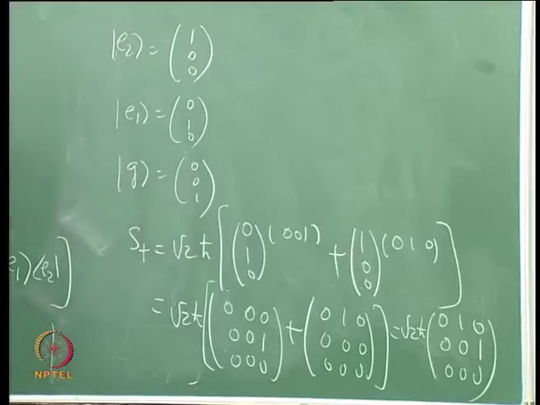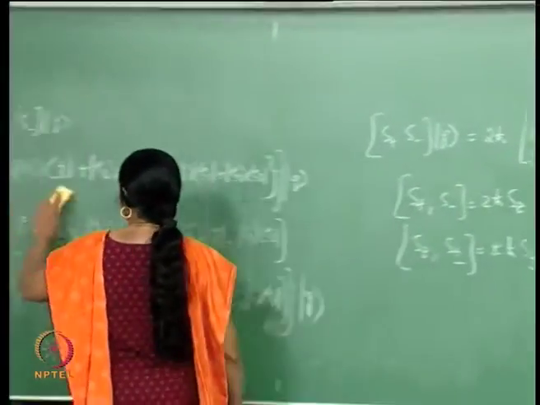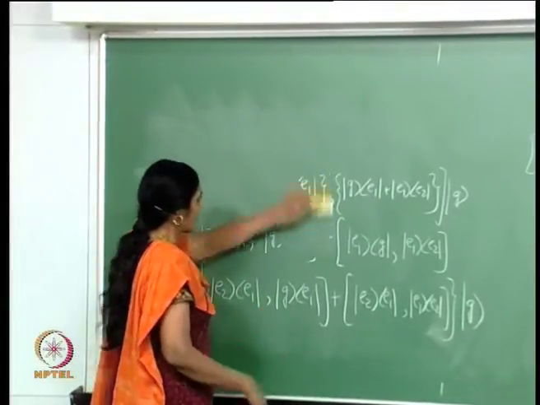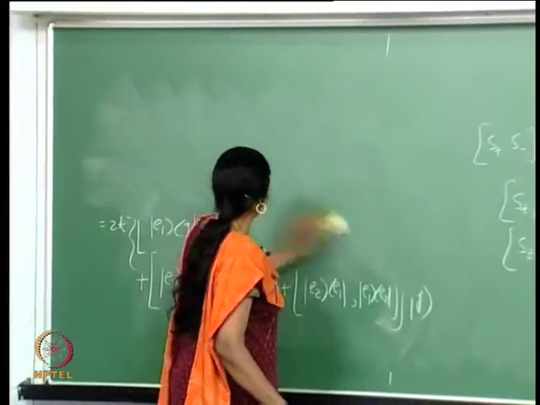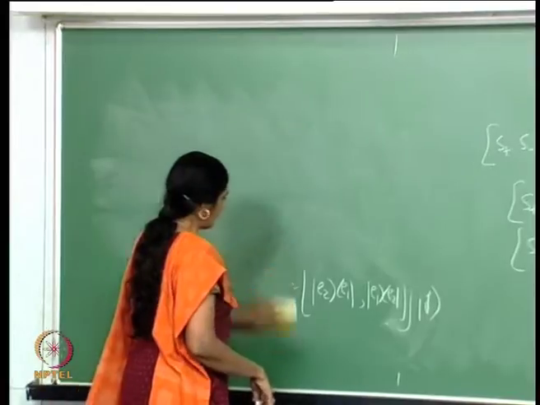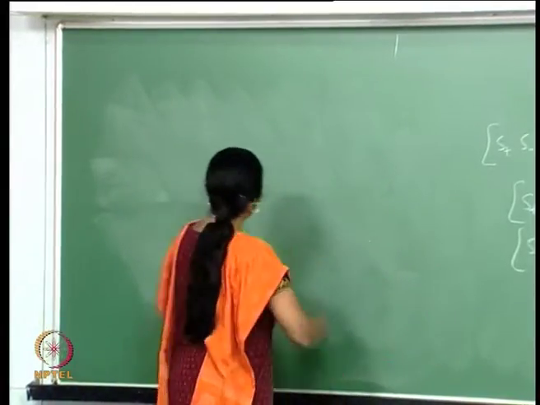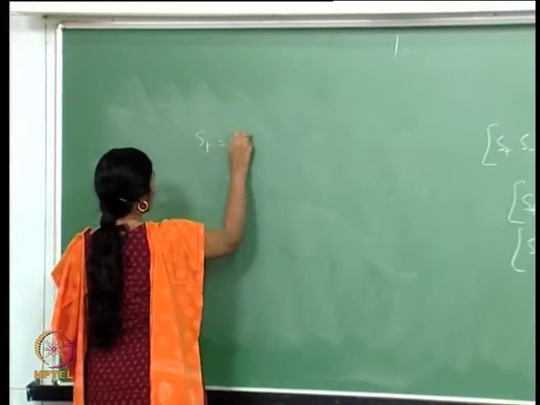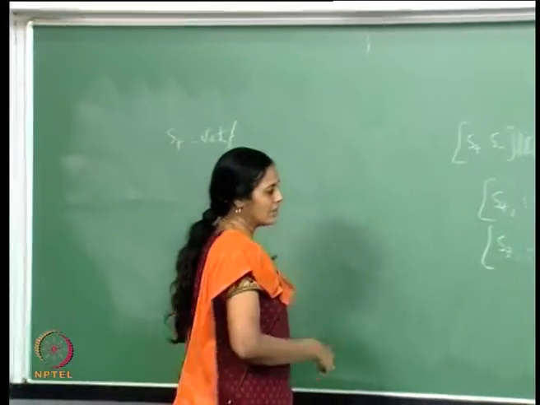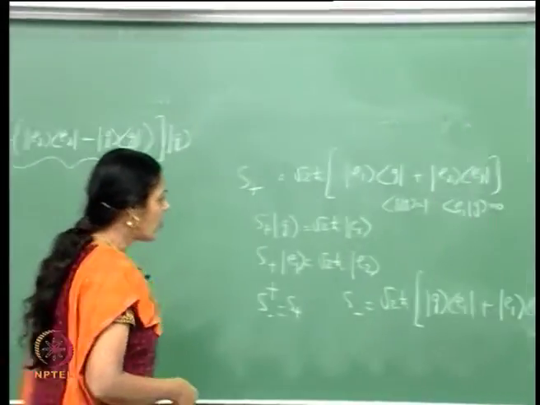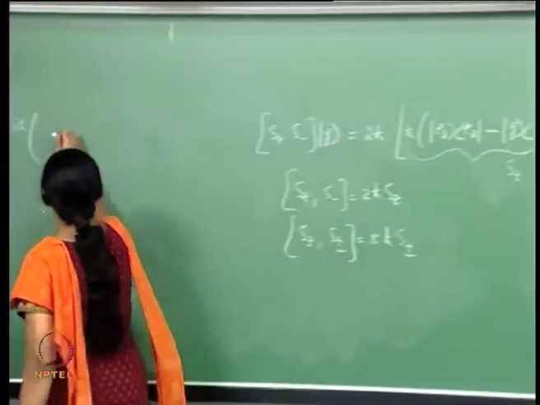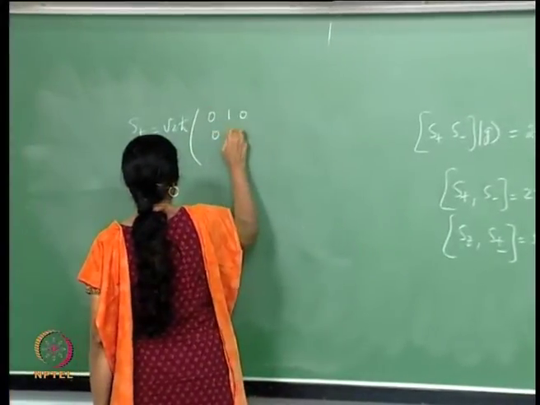S minus is S plus dagger. You could do that explicitly, or you could simply take the dagger of that matrix that I have just now got. So, I have the following: S plus is root 2 ℏ 3 by 3 matrix with 1 sitting here and there.